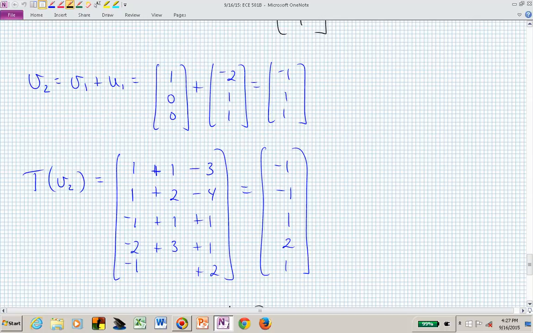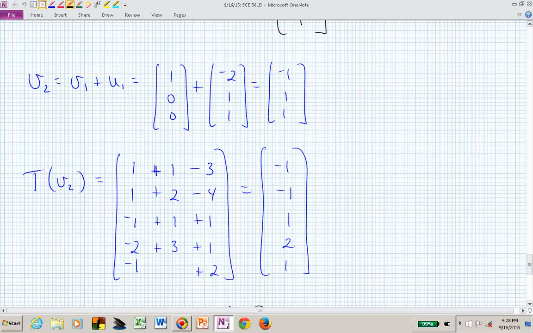Now we are taking minus 1 where x was, we're taking 1 where y was, and we're taking 1 where z was, and that's really where those three terms are coming from in that expression for T of v sub 2. That's just whatever x was scaled by, so it must have been minus x plus y minus 3 in the top row.